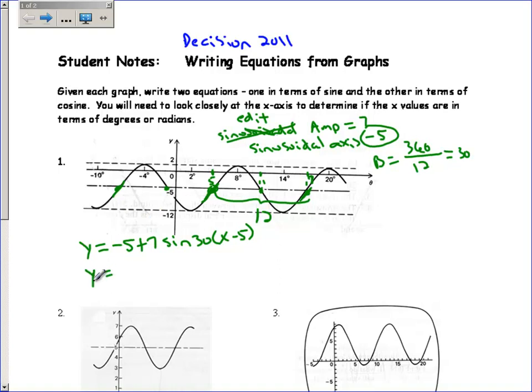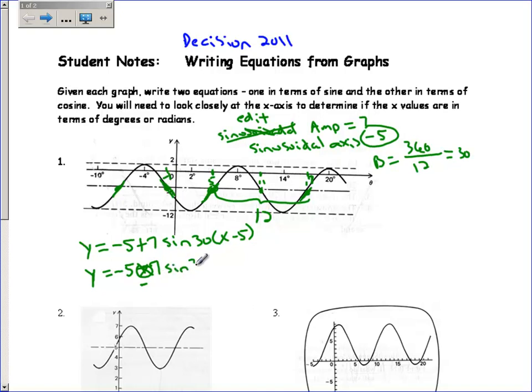A negative sine graph would be somewhere where it goes down through the sinusoidal axis, like it does out here at negative 1. So let's write the equation from there. Sinusoidal axis, still the same. Amplitude, still the same. However, that plus should be a minus since we're going to have it be a negative sine.